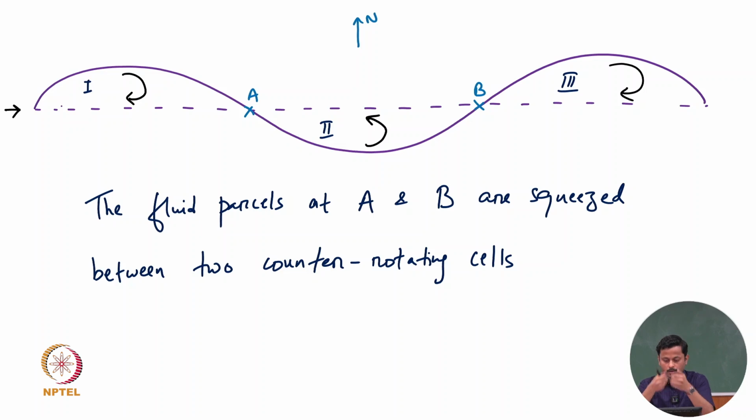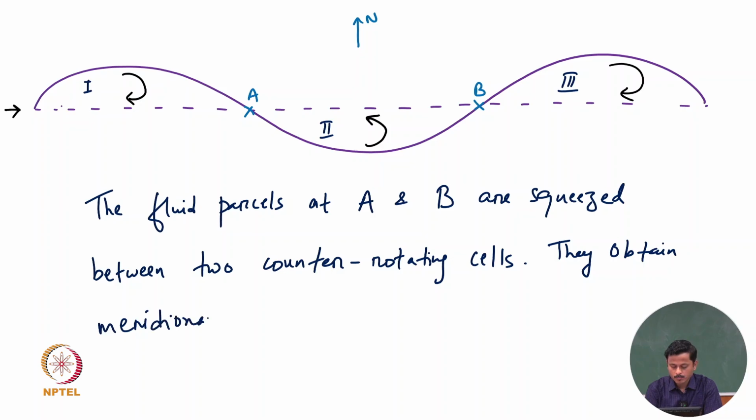So the fluid parcels in the locations where both of these counter-rotating cells meet obtain a meridional velocity.